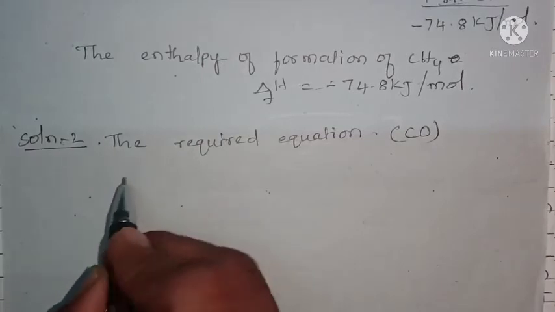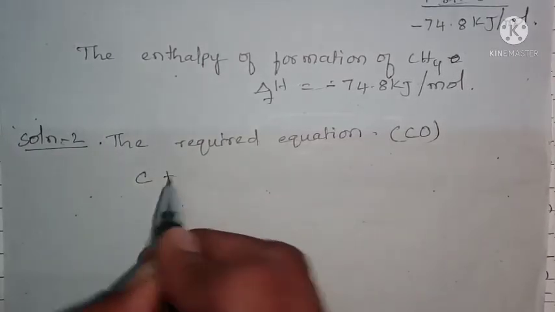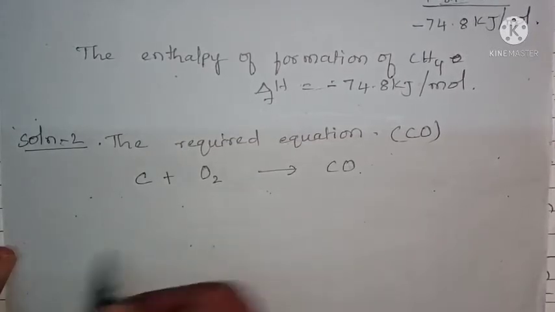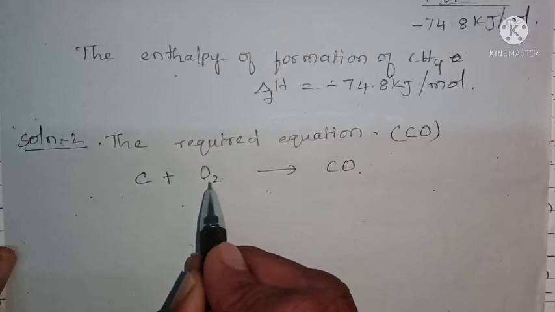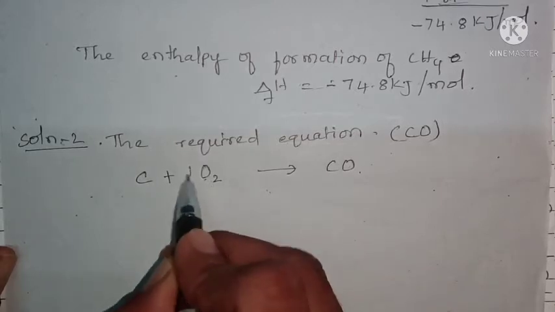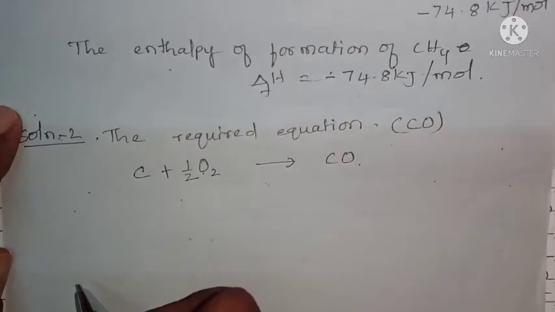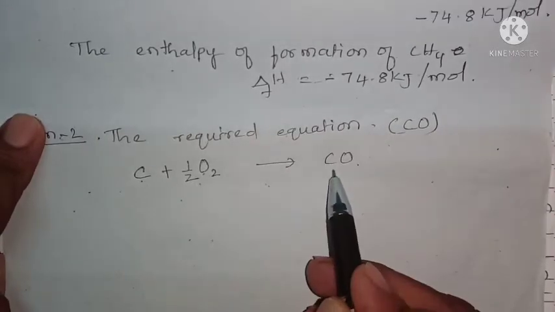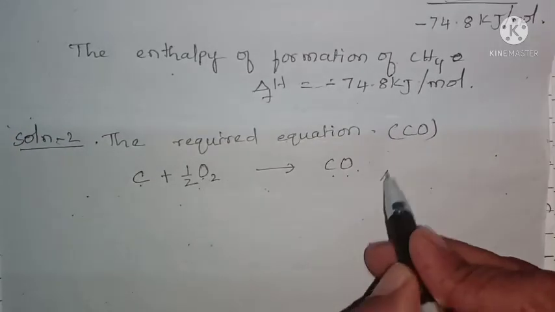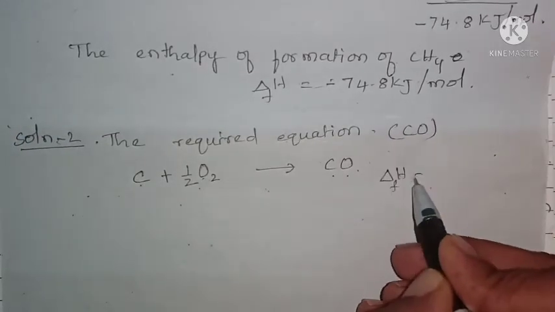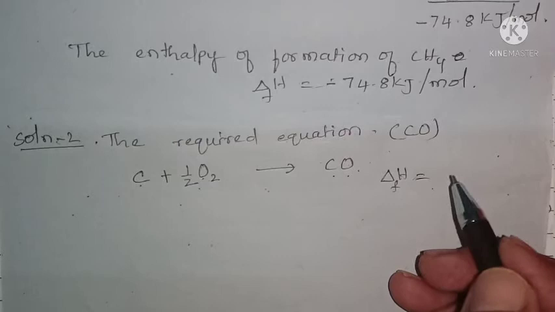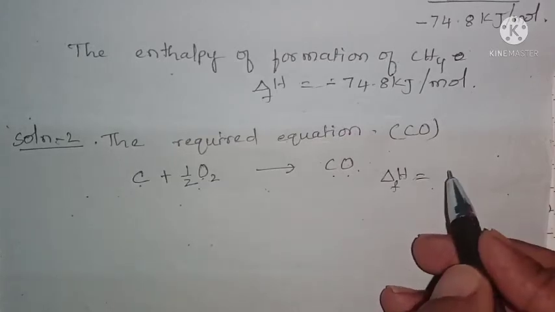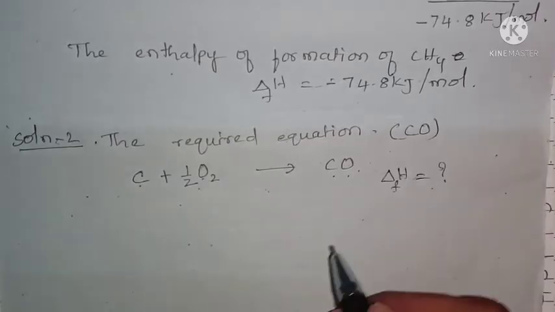So the required equation is carbon plus oxygen gives carbon monoxide, but oxygen has 2 atoms, so I have to multiply it by half. That is carbon plus half mole of oxygen gives carbon monoxide. Whatever heat energy is involved during this will be the enthalpy of formation of carbon monoxide. So we have to calculate it.